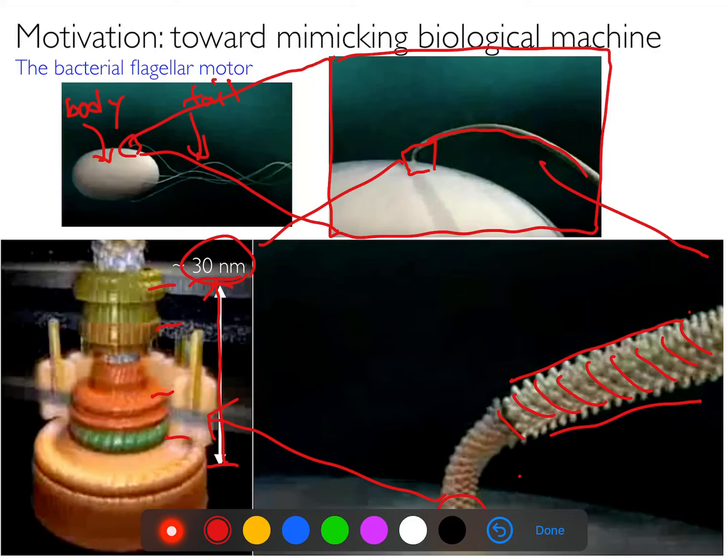This molecular gear can receive the ATP, and as I mentioned just now, this ATP is the origin of the energy in our body. So when they receive the ATP, they can be powered to rotate along this main axis like this, and then eventually this tail can be rotated.